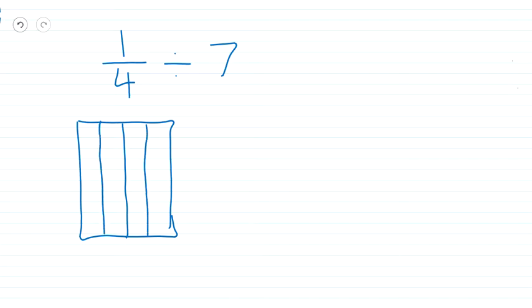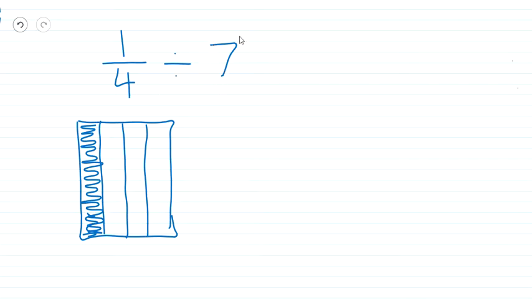Now we're going to make the fraction 1/4. All I have to do is shade in one area, and then we're going to have this model as 1/4. So let me shade it in. There you have it. So 1/4 is shaded in. So we have 1/4 right here in model format, right?